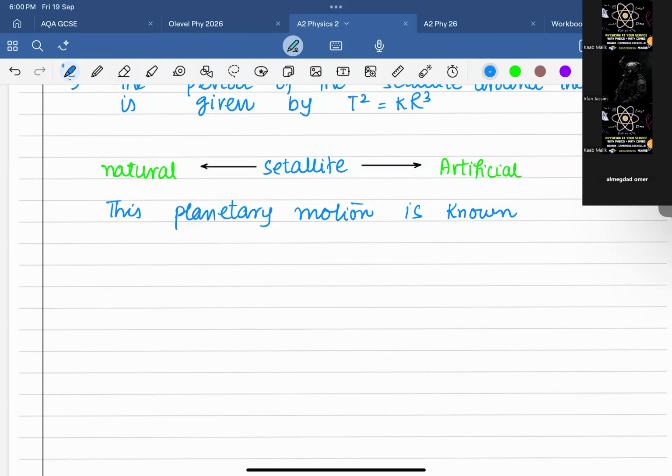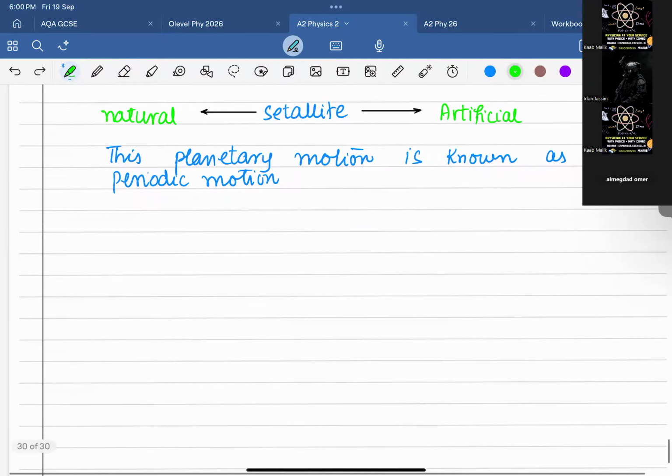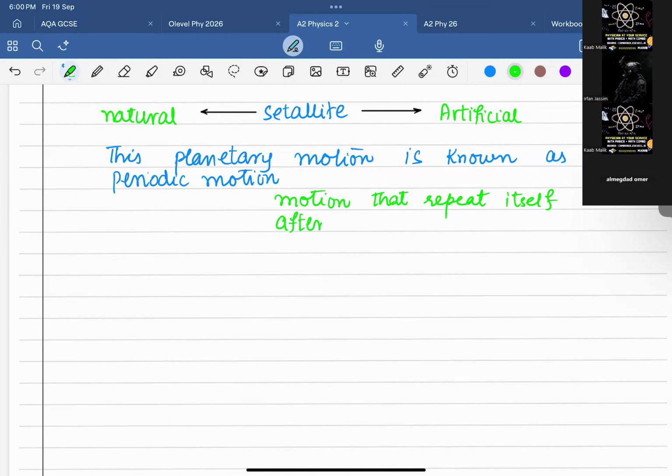So planetary motion is known as periodic motion, and periodic motion is motion that repeats itself after a specific period.